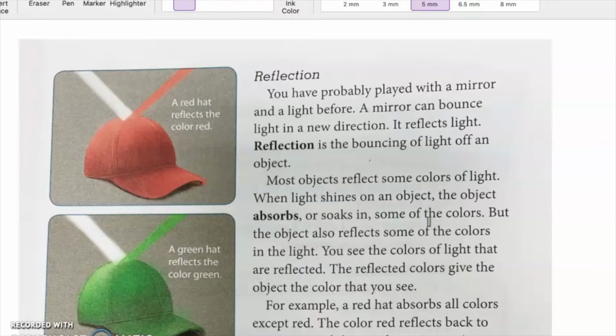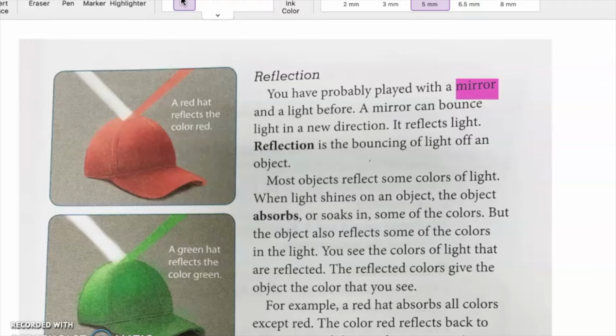First one, reflection. You have probably played with a mirror. When you think about reflection, the first word that comes up for me is mirror. So I'm going to highlight this because that's a good reminder of what reflection is.